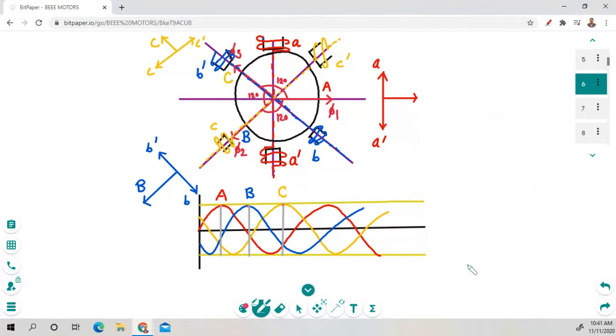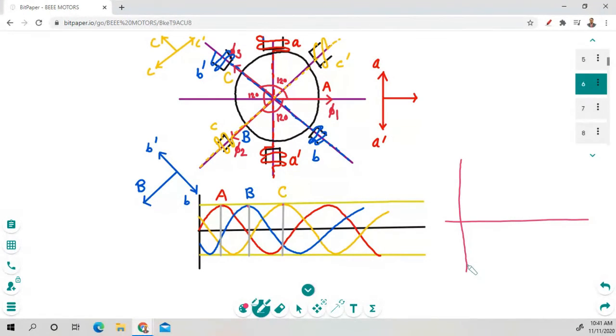So let's understand Yamini from here. We have winding. This is the first phase, this is second phase, this is the third phase. So Yamini is asking how the phase will affect the direction of rotation. In this presentation, we are discussing how these phases are generated.